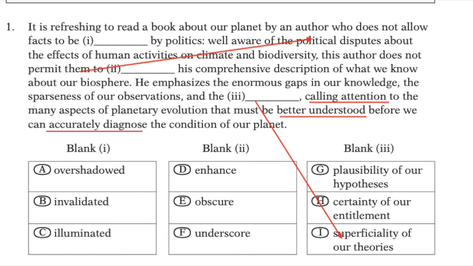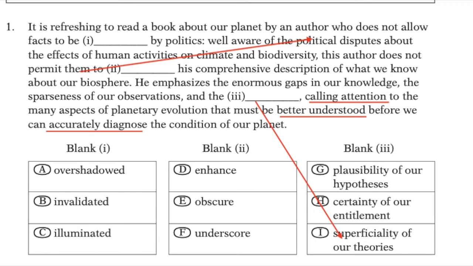Let's move on to the third blank. He emphasizes the enormous gaps in our knowledge, the sparseness in our observations, and the dash. Let's take a look. Plausibility of our hypothesis, option G, does not make sense there. Certainty of our entitlement. We're not talking about any kind of entitlement here.